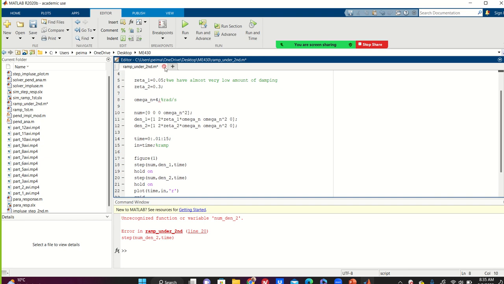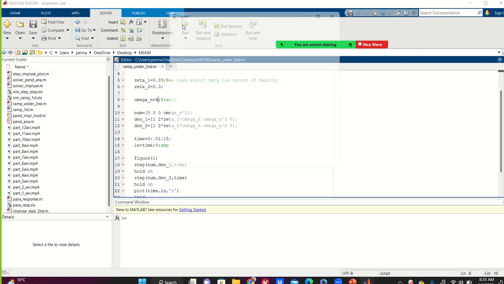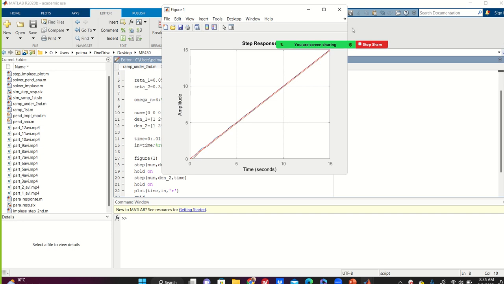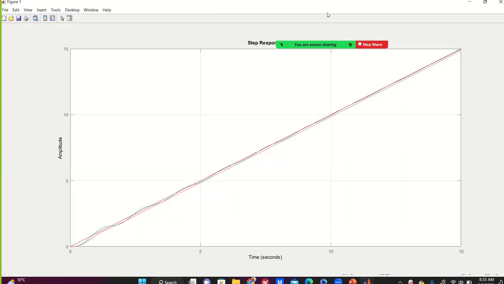I have to make it 4. Okay, let's magnify.